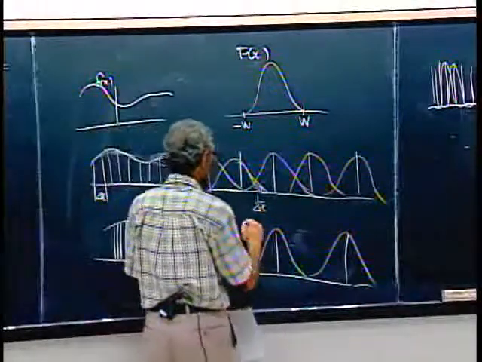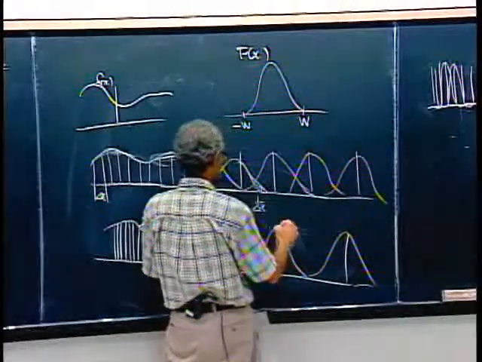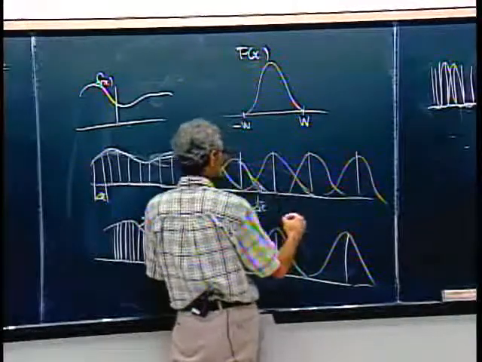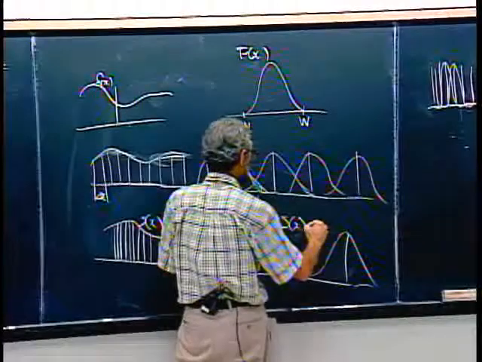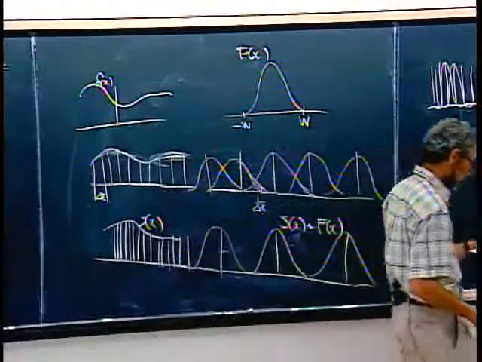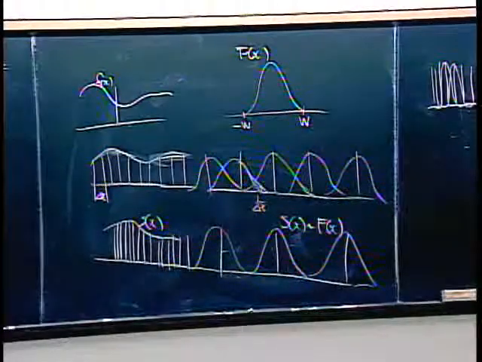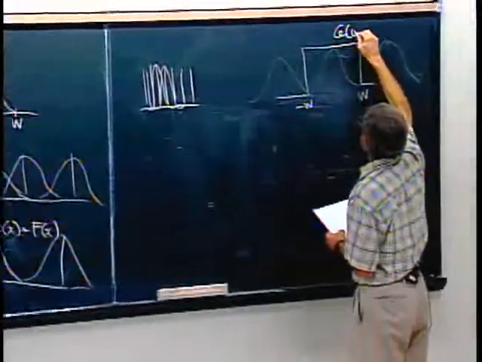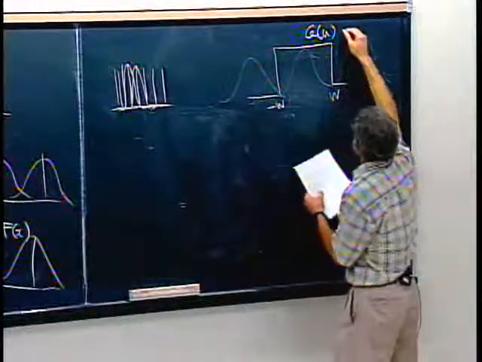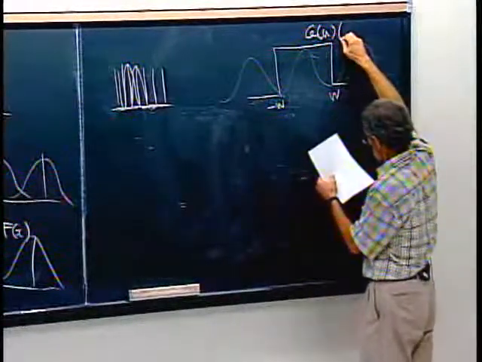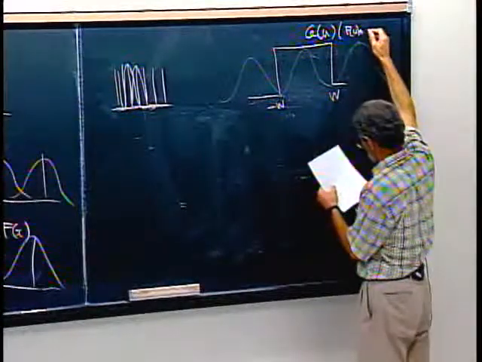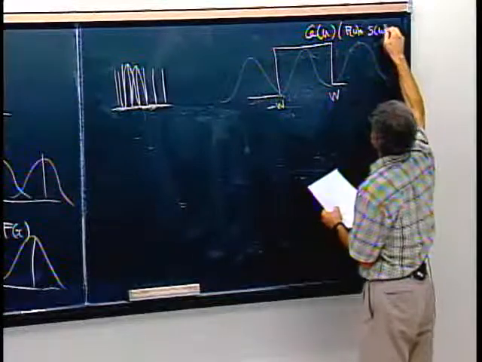And these spikes were the s of x, and the convolution, capital X, convolved with capital F of x. And now I have this window function, which they call g of u. And I took g of u times the product f of u convolved with s of u.